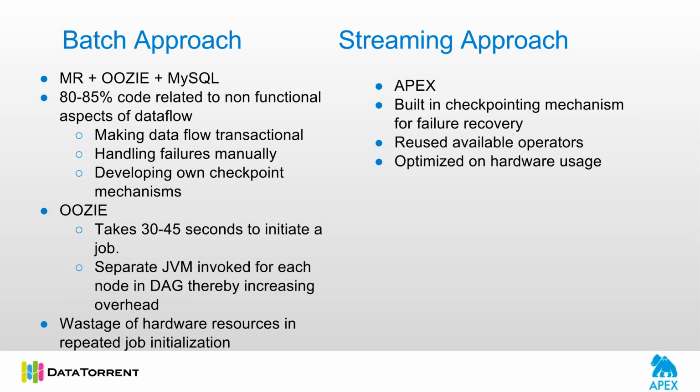Whenever a job is scheduled, a separate JVM was invoked, and this increases the overhead. Whereas in the streaming approach, whenever the DAG is submitted to the platform, that's the only time initialization is required. Once the resources are allocated, there is no additional time taken for initialization.